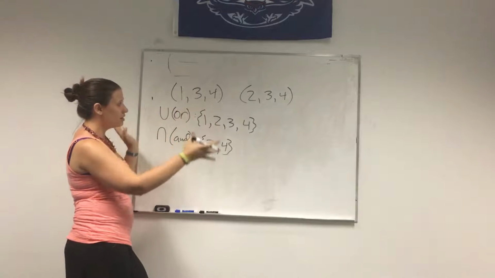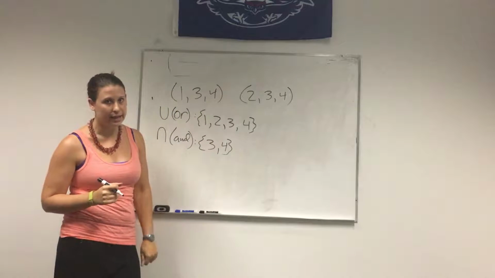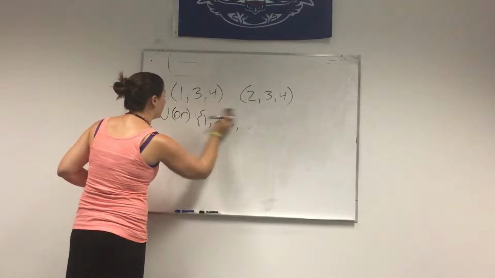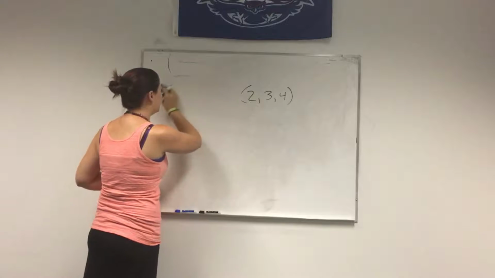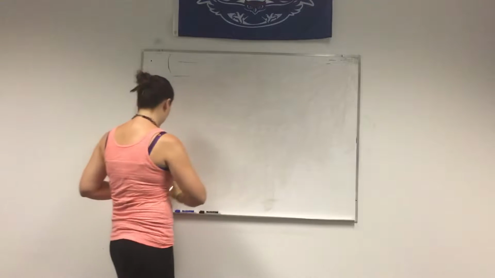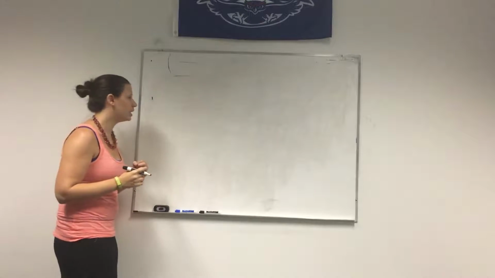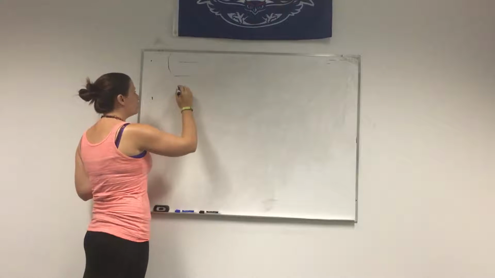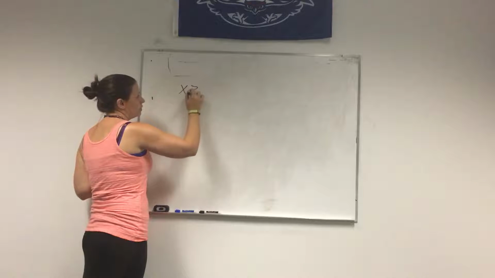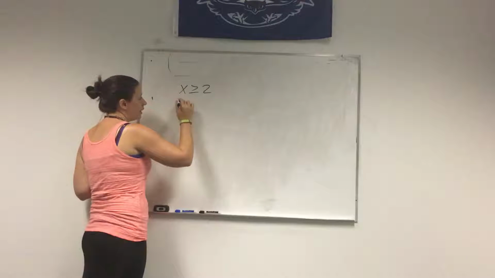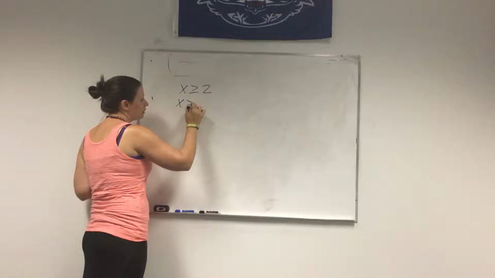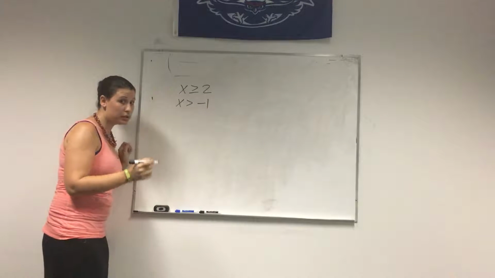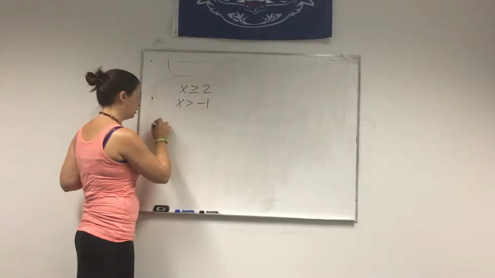Now, this is kind of the easiest way of looking at it. What if we had inequalities and we needed to look at the number line for it? We still think about it the same way. It's just a little bit more complicated to conceptualize and visualize. So say we had x is greater than or equal to 2 and x is greater than -1. So we should always write out a number line for this.